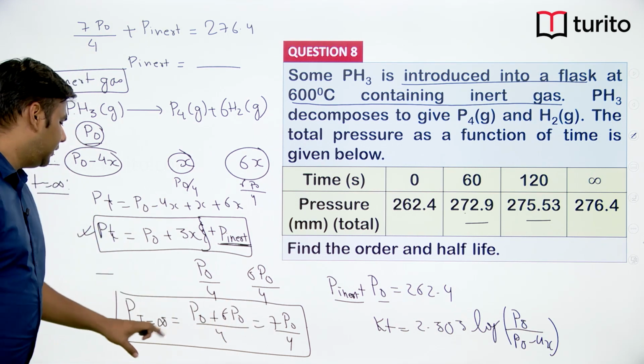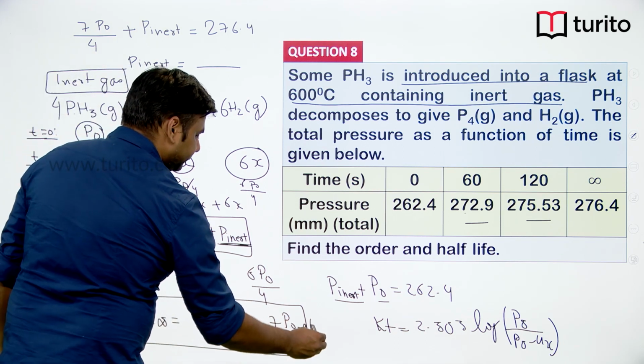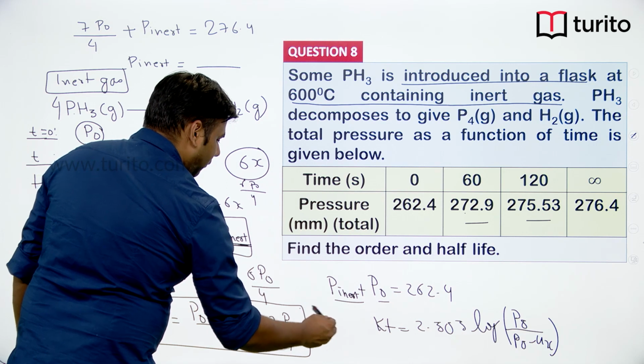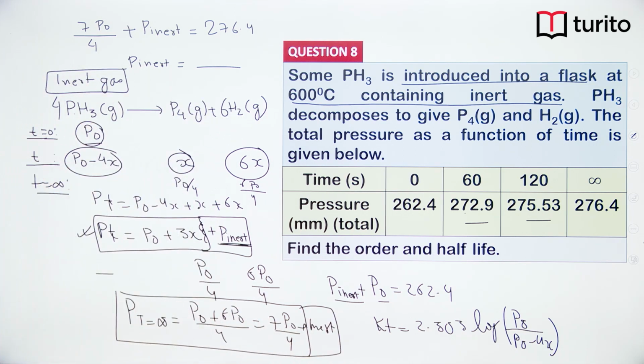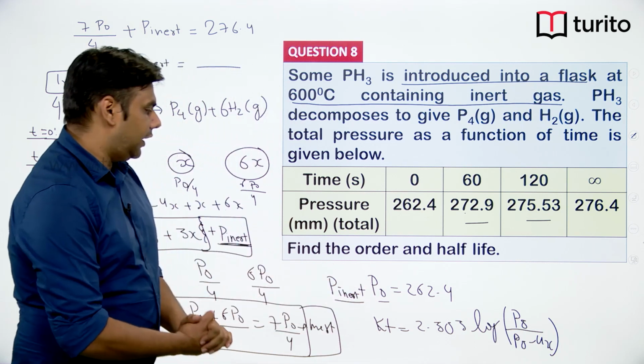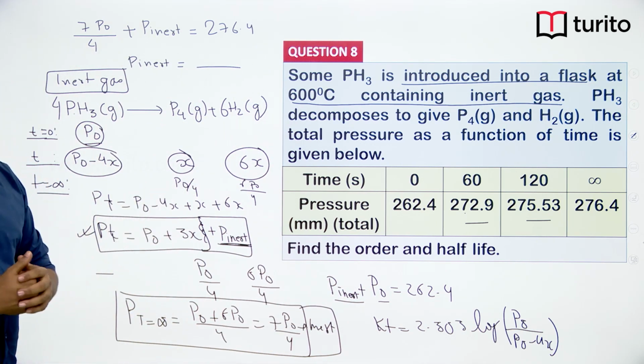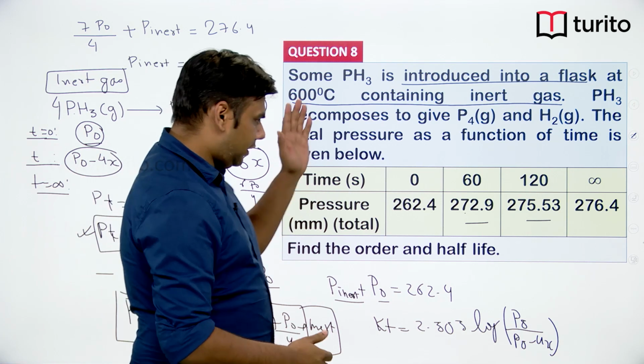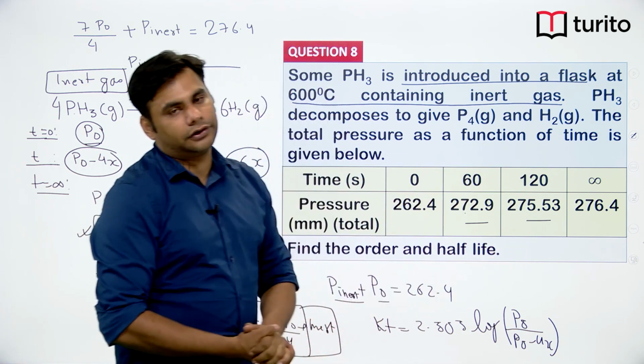This is the pressure at time t equals infinity. So we'll get the value as this. Using these equations, you can find the P naught, x as well as the inert gas pressure. Then just use the first order kinetics equation and calculate the value of K. If K comes out to be the same at different times, it is a first order reaction.